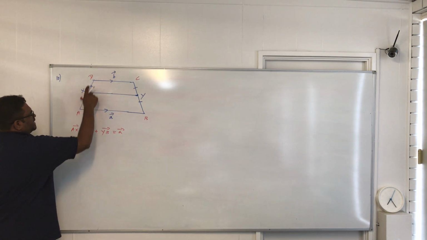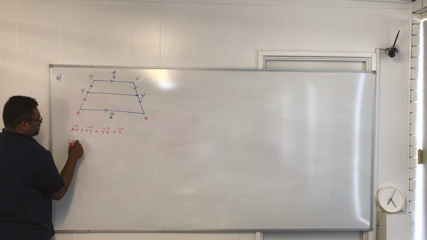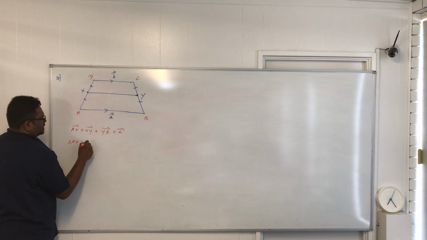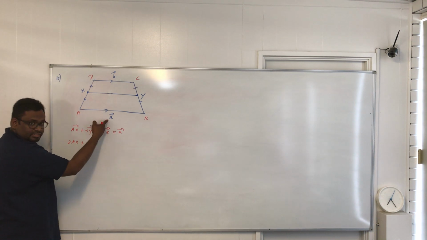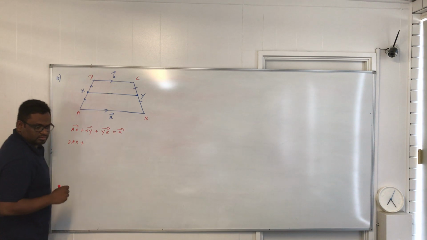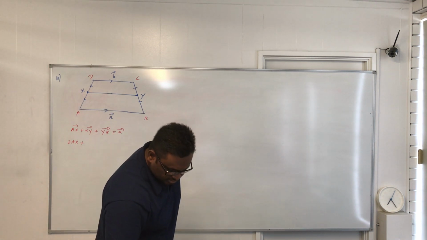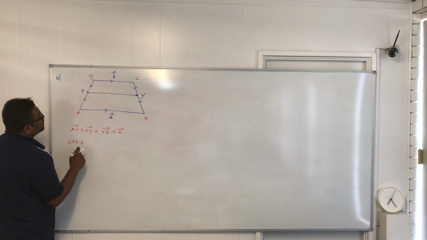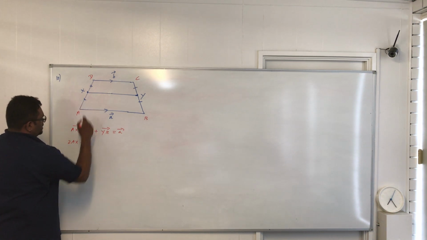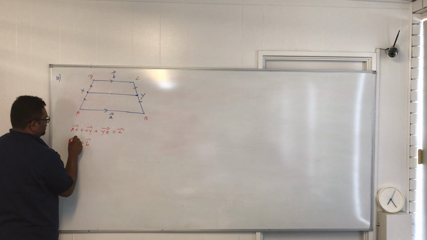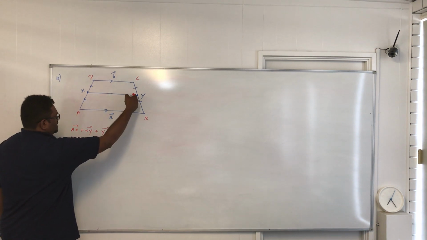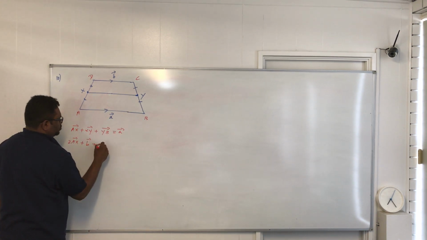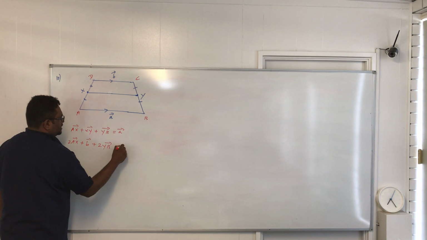This is AX, so it's going to be 2AX plus B, and this is YB, so 2YB is equal to A again.